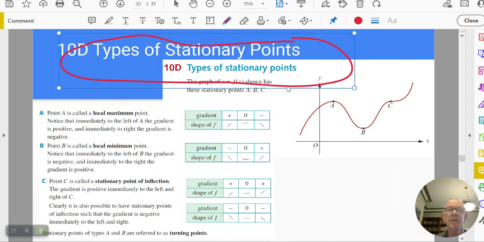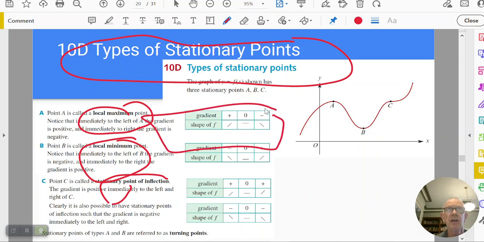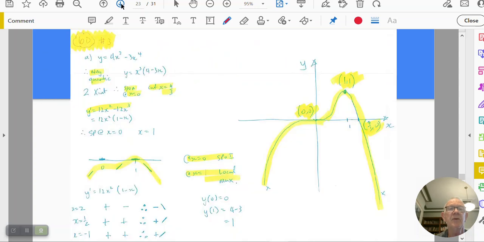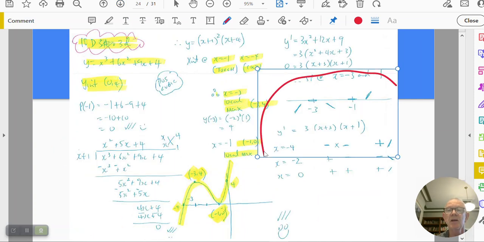To work out the type of stationary point, whether it's a local maximum, local minimum, or stationary point of inflection, we must see a sign diagram. So what do I mean by a sign diagram? Here is an example of a sign diagram.